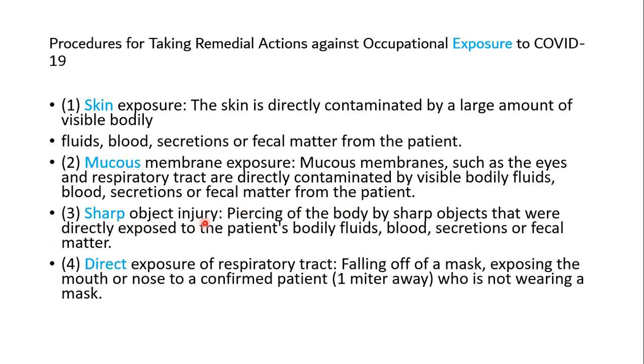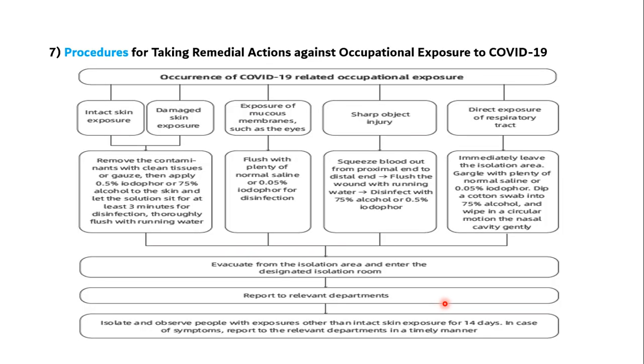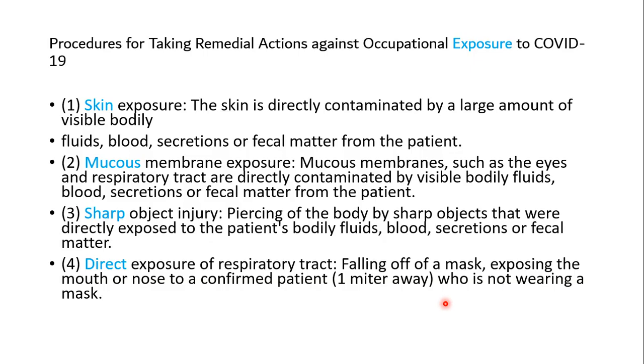Sharp object injury means piercing of the body by sharp objects that were directly exposed to the patient's bodily fluid, blood, secretion, or fecal matter. Direct exposure of the respiratory tract means the mask falls off, exposing the mouth or nose, within 1 meter of a confirmed patient who is not wearing a mask. This is just an explanation of the table, a definition of what they mean.